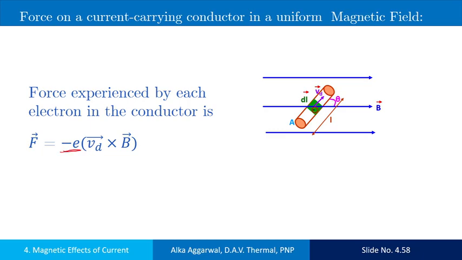It is moving with its drift velocity, so in place of V, Vd. As the current is due to the motion of the electrons and the direction of current is opposite to this force, so the current is due to the motion of the whole electrons, total charge moving in one direction.